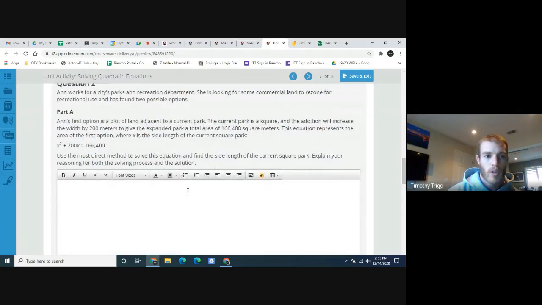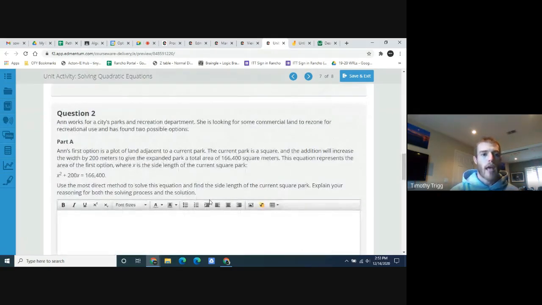All right, question 2. Anne works for a city park and recreation department, Parks and Rec. She is looking for some commercial land to rezone for recreational use and has found 2 possible options. Anne's first option is a plot of land adjacent to a current park.